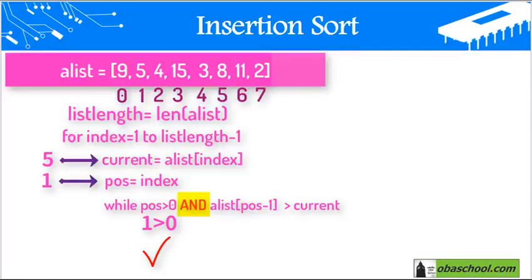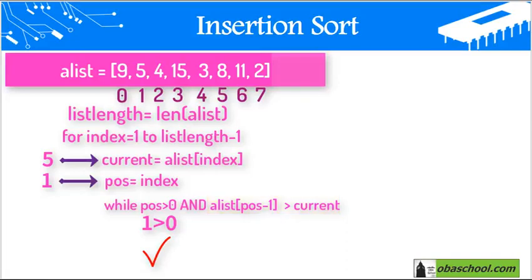The condition "and" requires that both conditions must be true to enter the while loop. We have a list, and we put in brackets the position, which is pos minus 1.